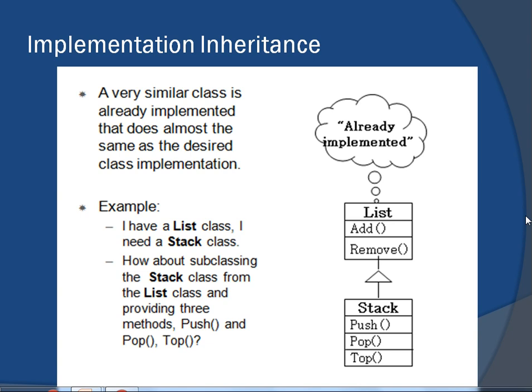So if we try to look at how to subclass the stack class from the list class, because the list class is already existing here and we require the implementation of the stack class, we are looking at what things we can inherit from the list class to the stack class. So the stack class needs three methods, that is push, pop and top.